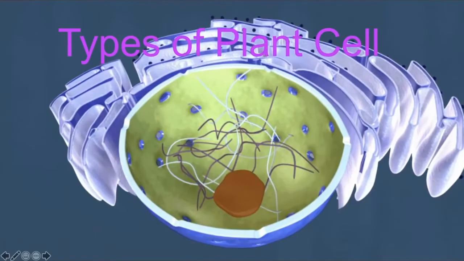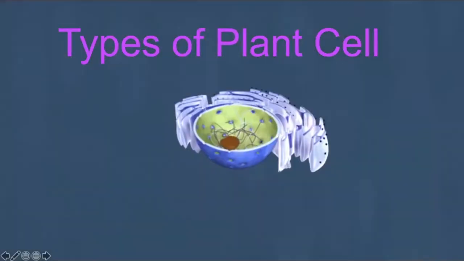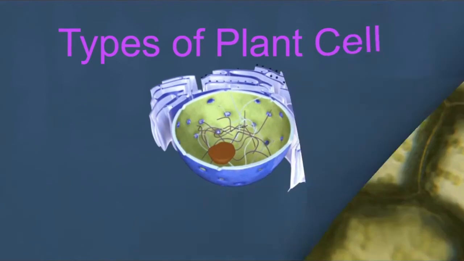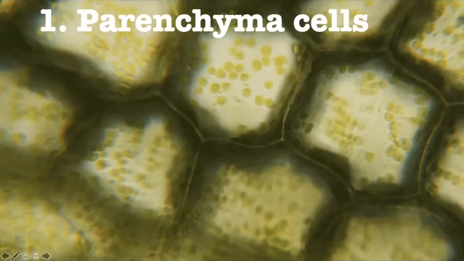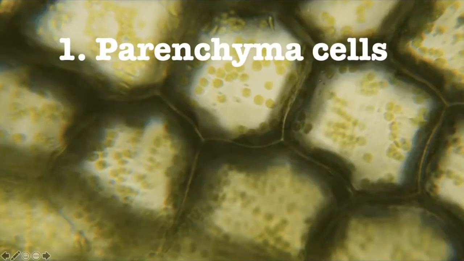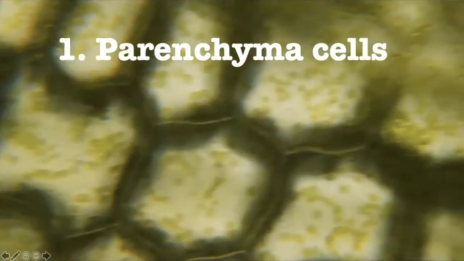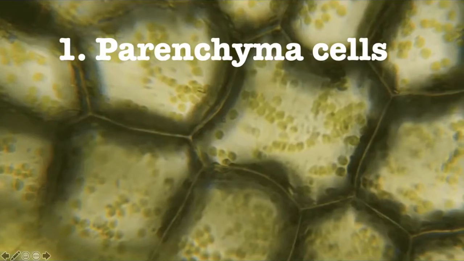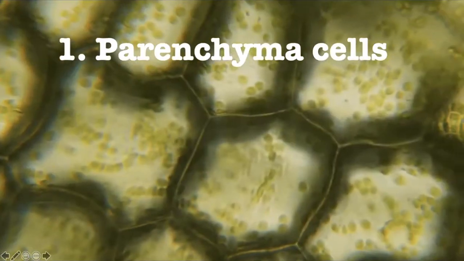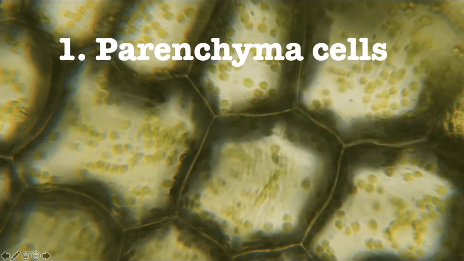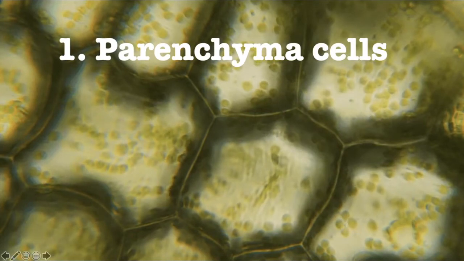There are 7 types of plant cells. The first type, we have the parenchyma cells. Parenchyma cells are live, undifferentiated cells found in a variety of places of the plant's body.